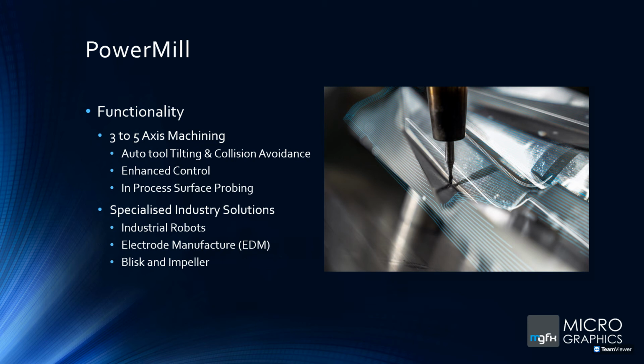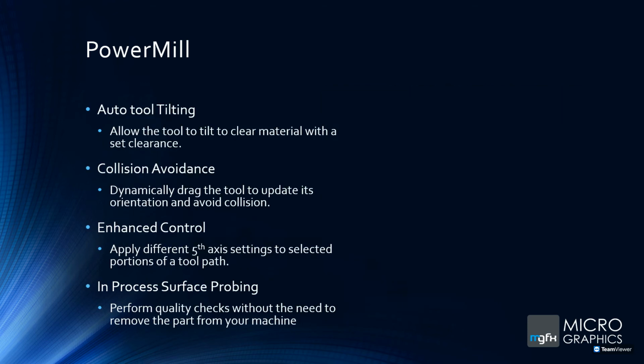So to go a little bit more in depth into those features, we'll look at a closer look at specifically the multi-axis features that you have access to and what extra control they give you.